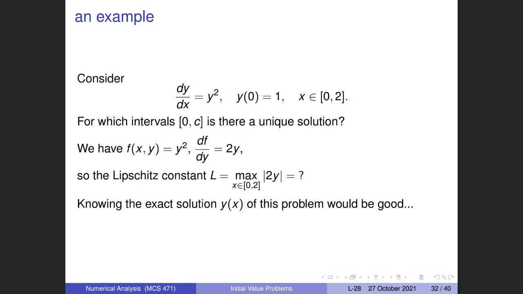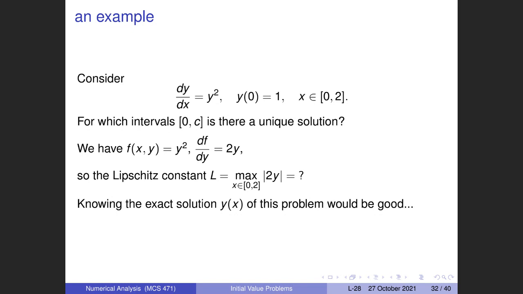Okay, let's try to compute the Lipschitz constant. It turns out that we have an exact definition for the Lipschitz constant: the maximum over x for any value of y.